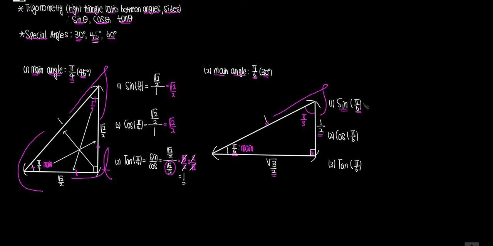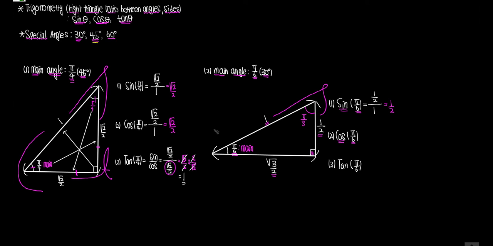So if we express sine of pi over 6, the denominator is the value where we start at, which is hypotenuse 1, and the numerator value will be the value where we finish at, which is the opposite side of our main angle, 1 over 2. And again, if we divide any term by 1, it will give us the value as itself, 1 over 2.